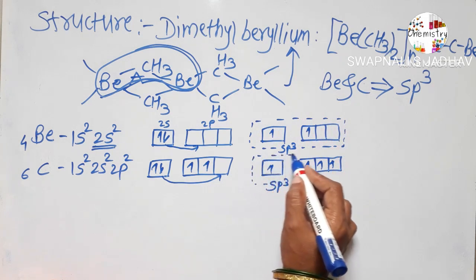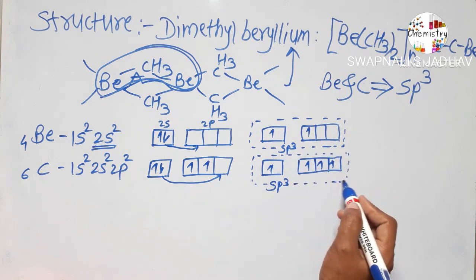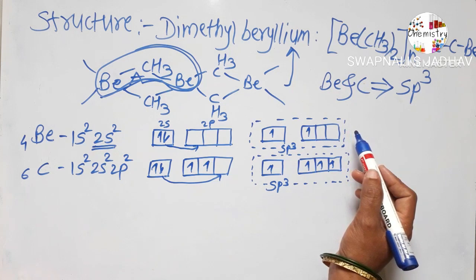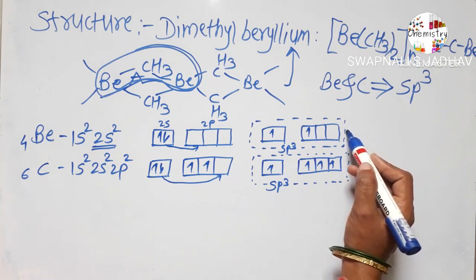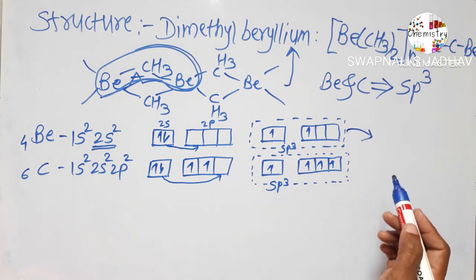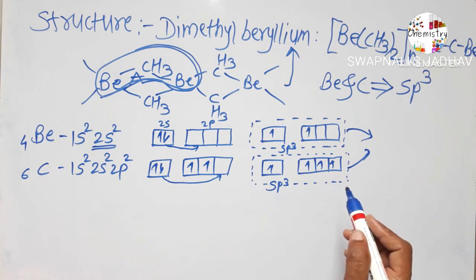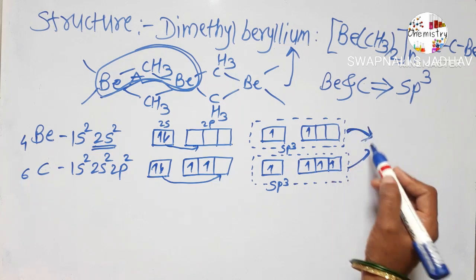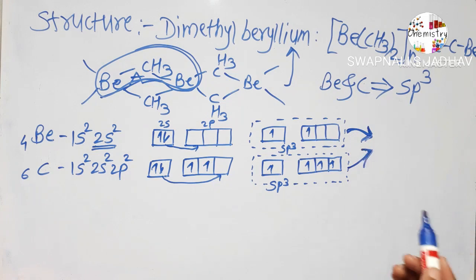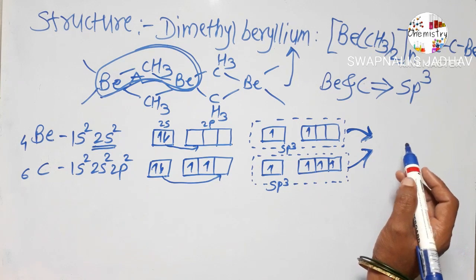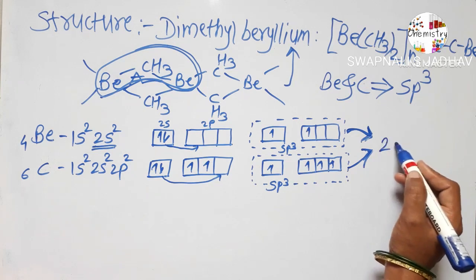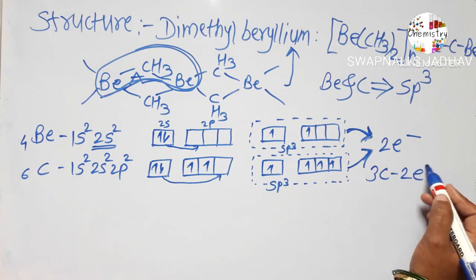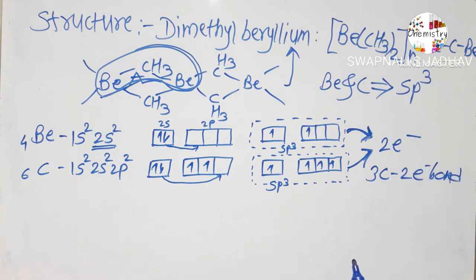Both beryllium and carbon show sp3 hybridization. So the sp3 hybrid orbital of each beryllium and the bridging carbon combine to form a common molecular orbital containing 2 electrons, and form the 3-centered 2 electron bond.